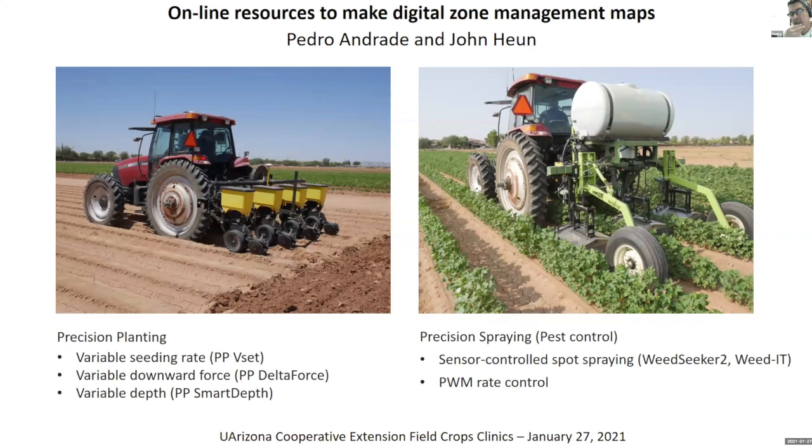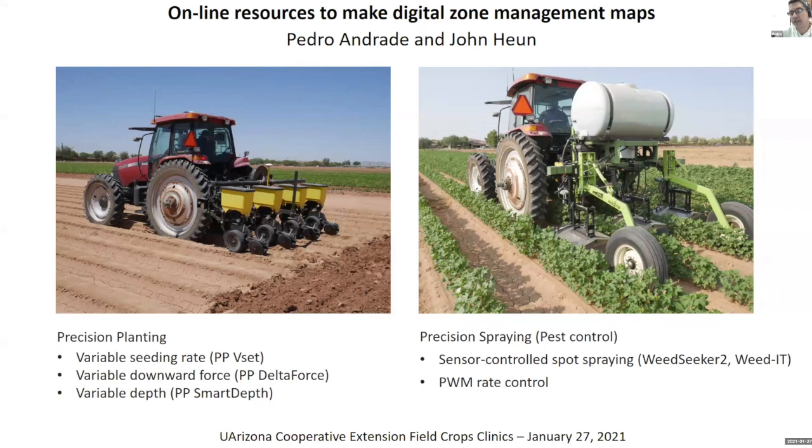Now, let's take a look at some other examples where we are working now at the University of Arizona. In precision planting, there's a lot that we can say after 2 years working with it. We're working on variable seeding rate, the capacity of these electric drives to change the rotational speed of the plate, and that's how we get variable seeding rates.